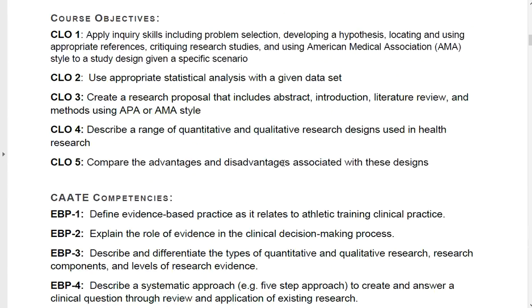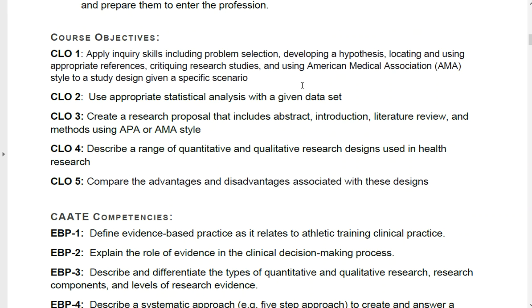We'll get through all of our learning outcomes. Mainly, we're going to be applying the skills for developing hypotheses, using appropriate references, and critiquing research. We're using the American Medical Association, the AMA guidelines, for the rest of this year, so I'm not going to allow you to use APA formatting for your research. I'm going to make you use AMA formatting.